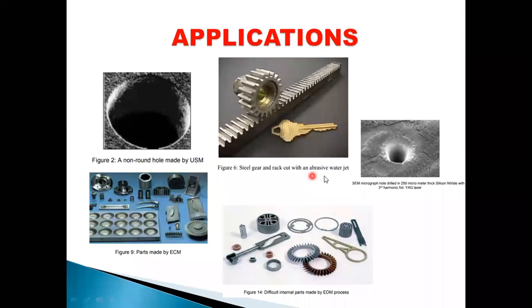Abrasive water jet machining is one of the non-traditional machining processes. And here you can see not a round hole, it's a non-round hole, maybe tapering to the bottom, which will be made beautifully by the ultrasonic machining process. You can also think of the small gear parts available in your watches. All these things are made by electrochemical milling.